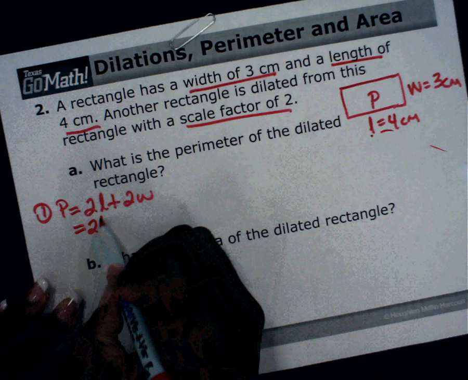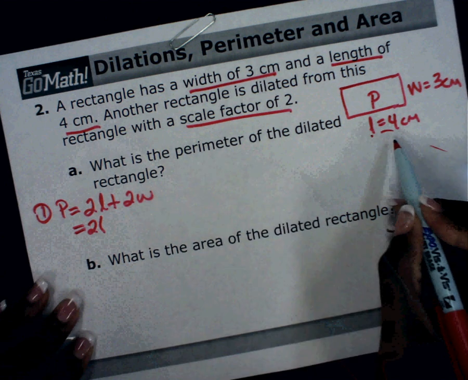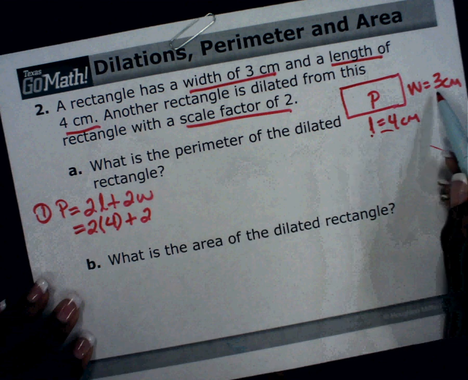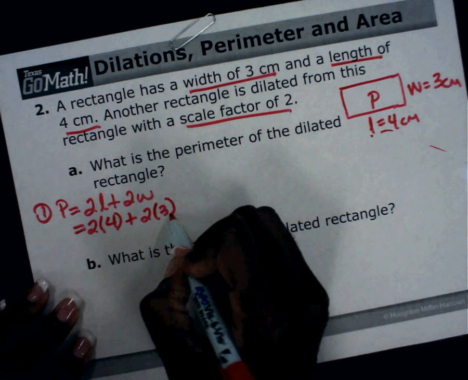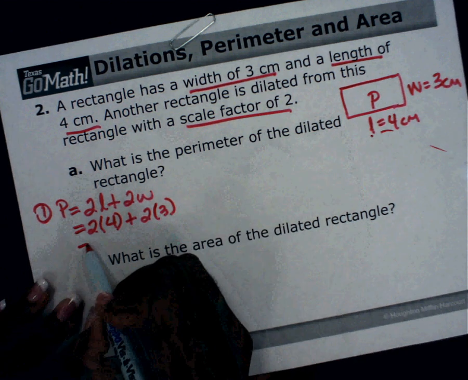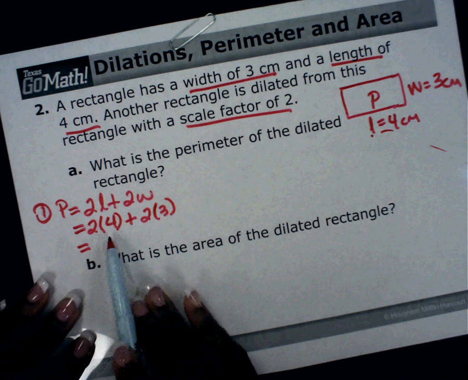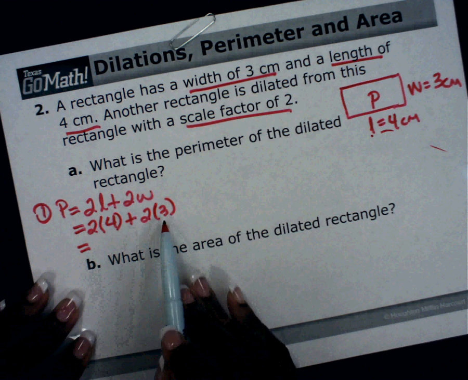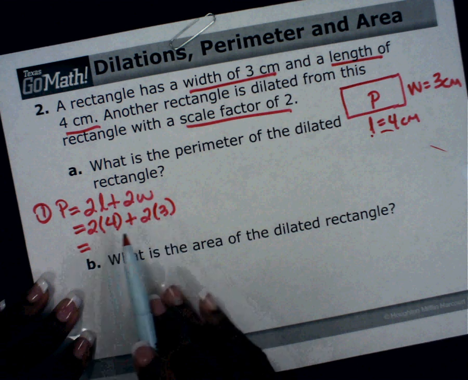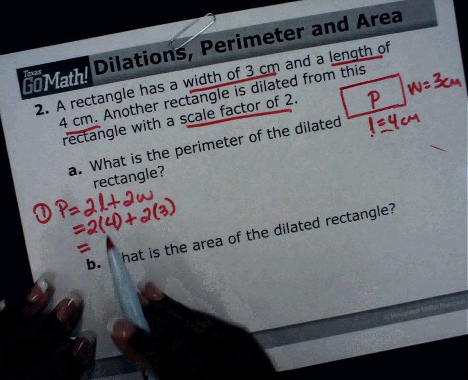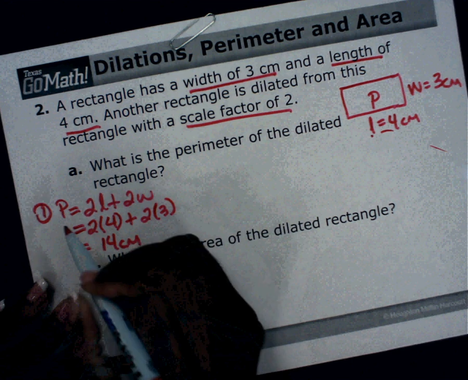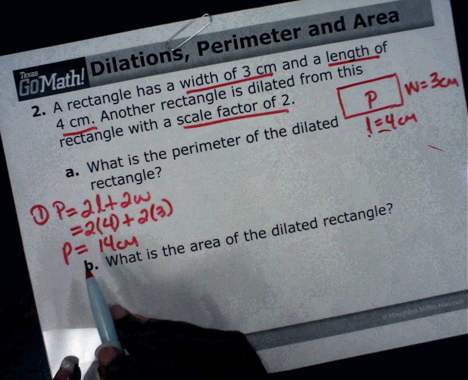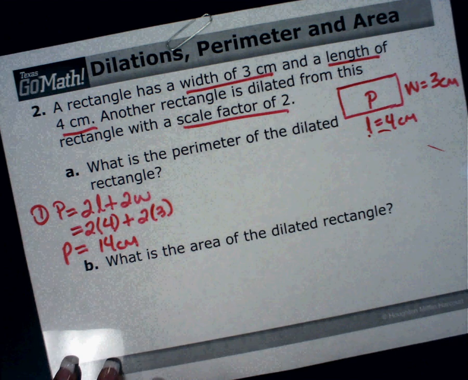So we have 2 times L, which is 4 centimeters, so 2 times 4, plus 2 times W, and W is 3, so 2 times 3. If we simplify that, 2 times 4 is 8, plus 2 times 3, that's 6, so 8 plus 6 is 14. So we have 14 centimeters as the perimeter of our pre-image.